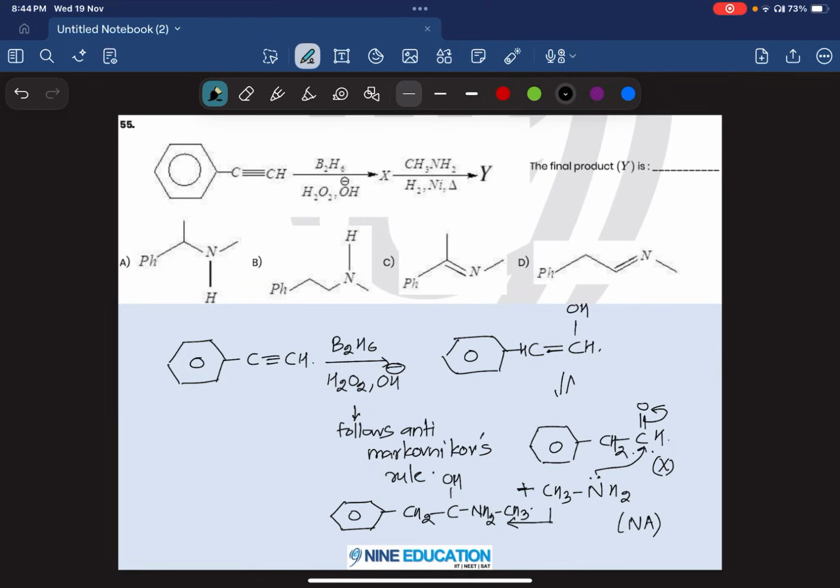So upon heating, a water molecule is eliminated, it simply undergoes dehydration, and then reduction after dehydration.